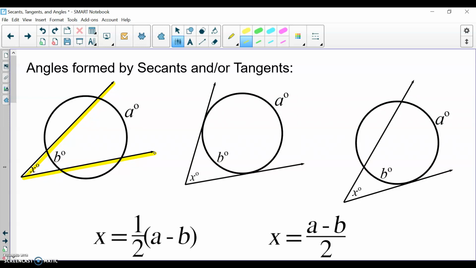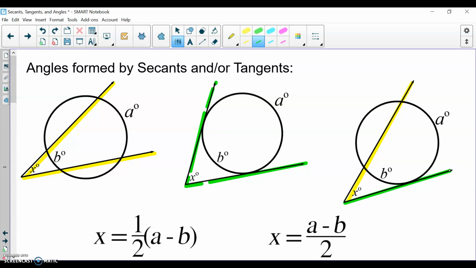In the middle diagram, we have a tangent and another tangent because those two rays touch the circle once. And then in our last diagram, we have a secant line because it intersects the circle twice, and a tangent because we intersect the circle once, right?